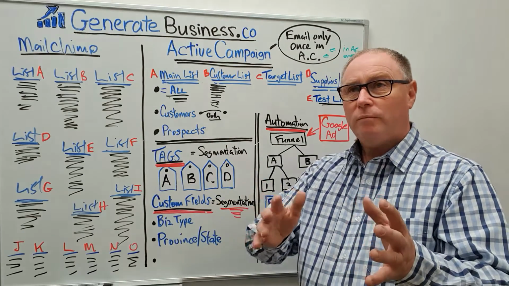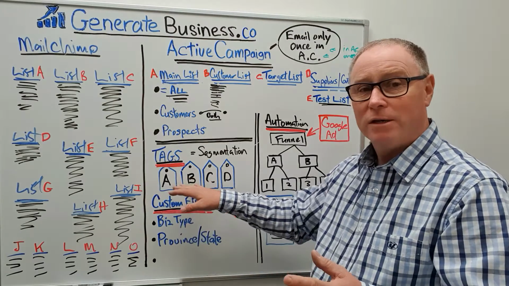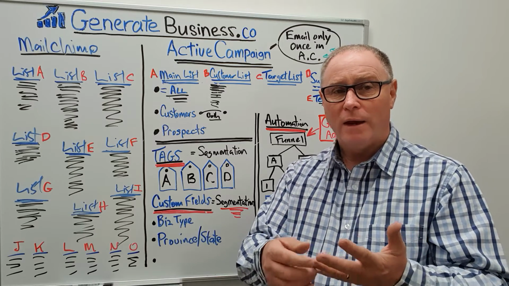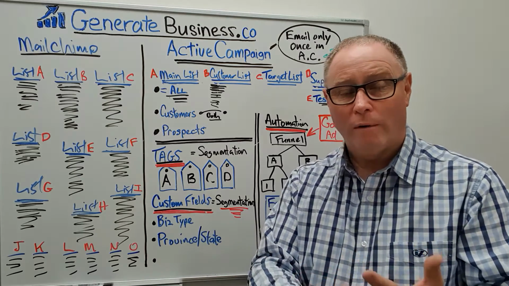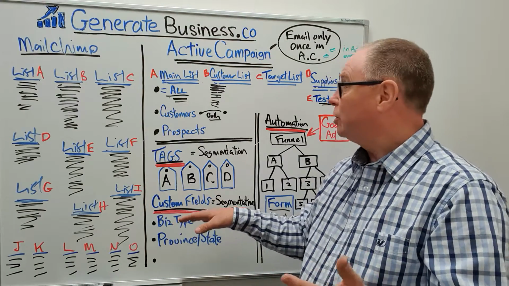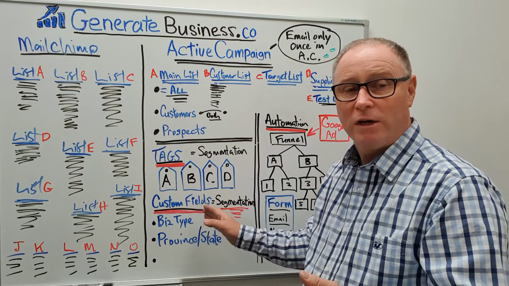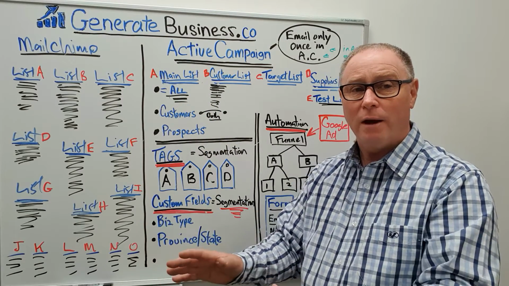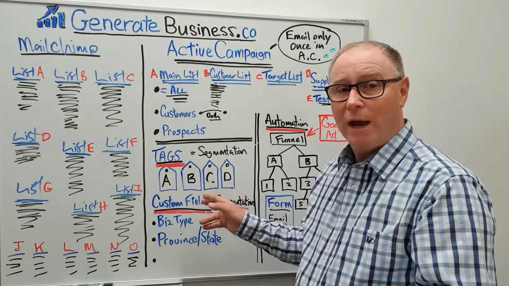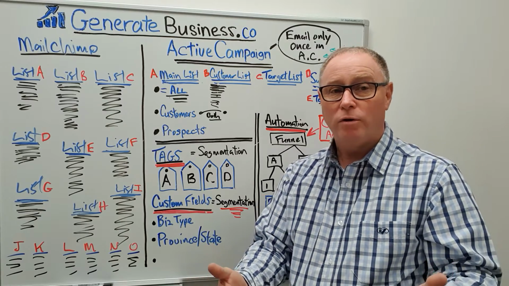Within ActiveCampaign, we have custom fields and tags. A custom field might be their suburb, or what province or state they're in, depending what country you're in. That's where you can send an email to everyone on your main list from a certain province, city or town because you want to target that area. It could also be the sort of product they've got. That can be within tags, because they've previously downloaded, say, a lead magnet on your website.